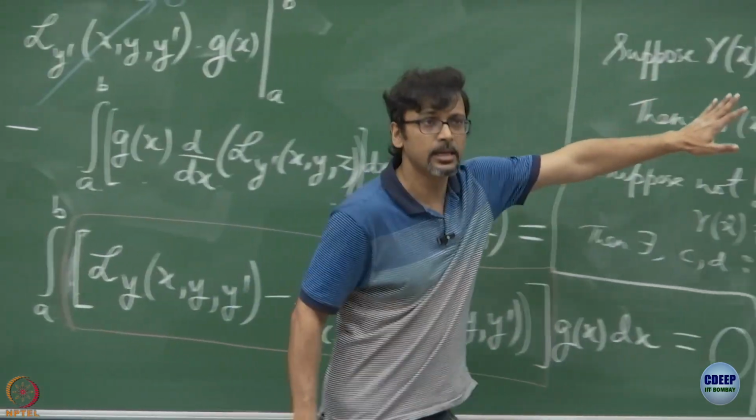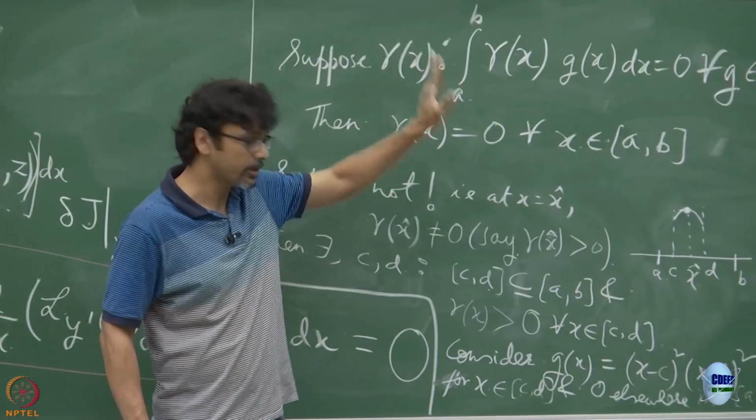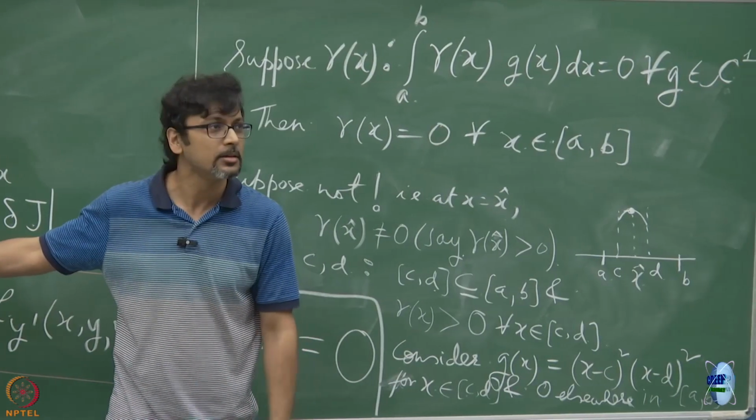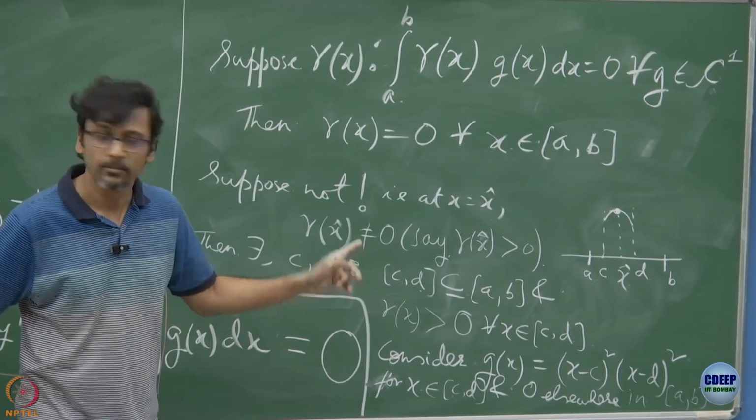I hope this part is clear. Even though this is something I have done later, I would like to erase this because this part is more important. It's clear? Okay.